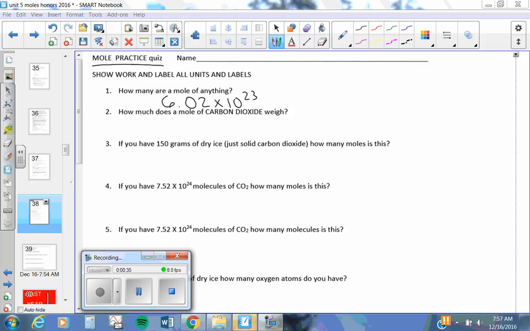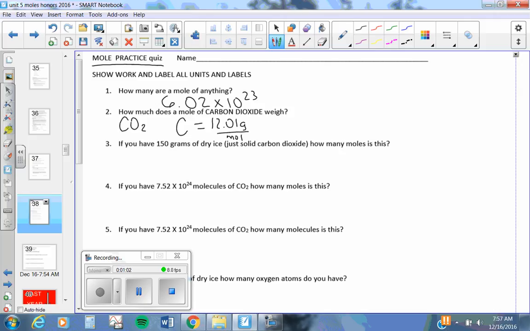Next, the question is asking, how much does a mole of carbon dioxide weigh? We're going to go look it up on the periodic table. We're going to take our CO2 and look up each one of these values. We find that our C is 12.01 grams per mole.